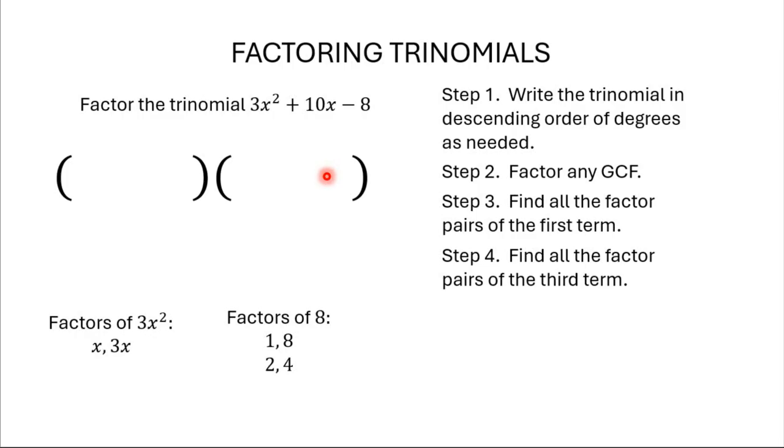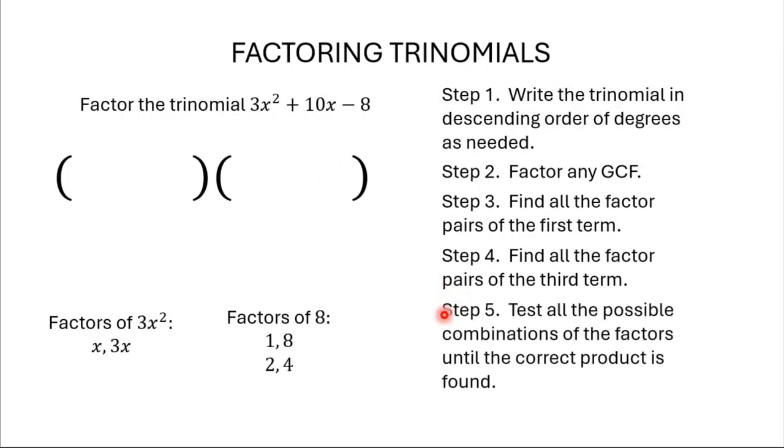When we go to try all the combinations, we're going to take into consideration the fact that the 8 is negative, which tells me that, for instance, when I put the x and the 3x in here, one of these is going to be a sum of 2 terms, and the other one is going to be a difference of 2 terms. So one of them is going to be a subtraction, the other one is going to be an addition.